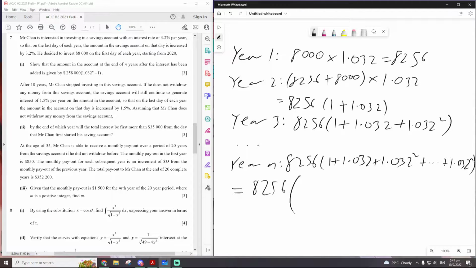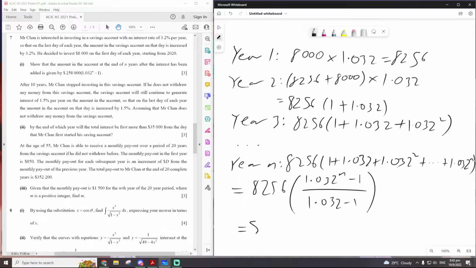You can do 1 minus r to the power n divided by 1 minus r. I'll actually write it the other way around: 1.032 to the n minus 1, divided by 1.032 minus 1. Same thing. And then you just put the constants together. If I did this correctly, this will be the 258,000.